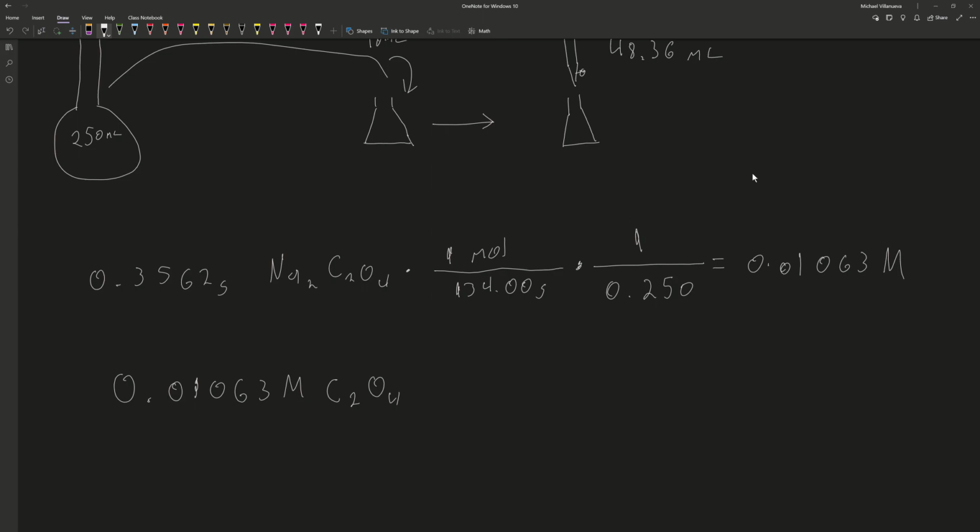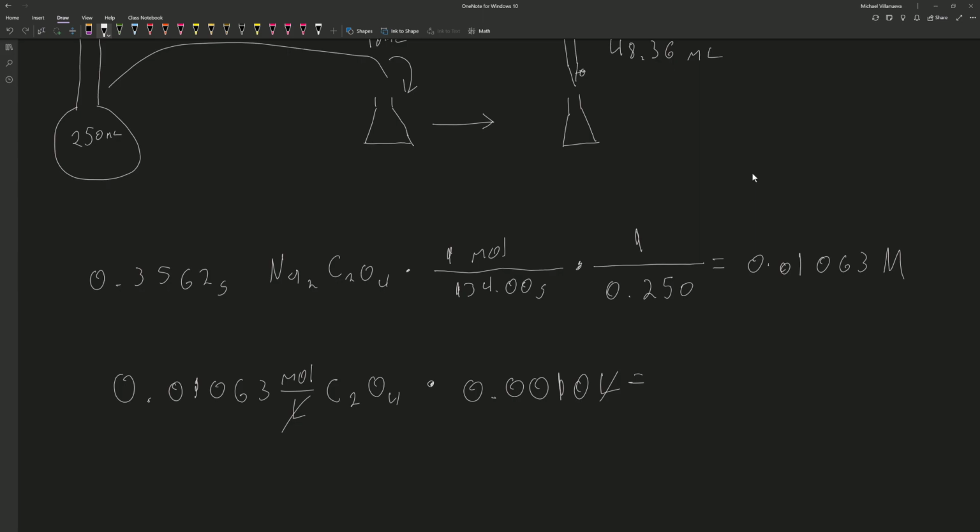And what we will do is we will multiply it by 0.0010 liters. What this is going to do is, remember, molarity is moles over liters. So our liters cancel out and we are left with moles.